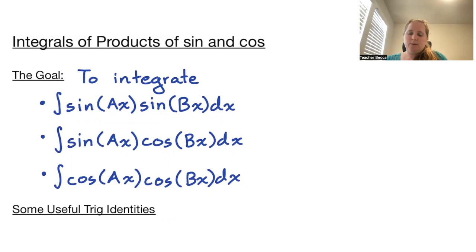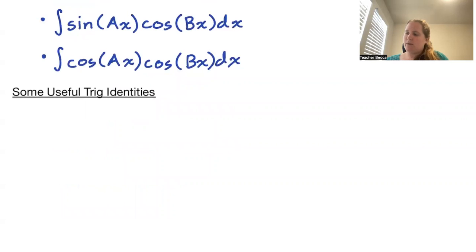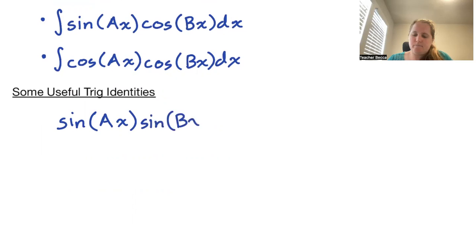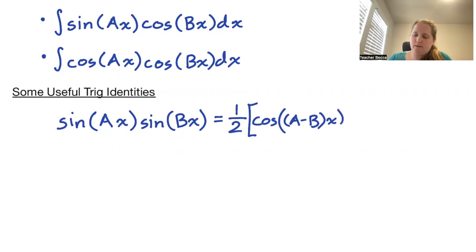So first up, we have that sine of ax times sine of bx is precisely the same thing as 1/2 times, in brackets, cosine of (a minus b)x minus cosine of (a plus b)x.